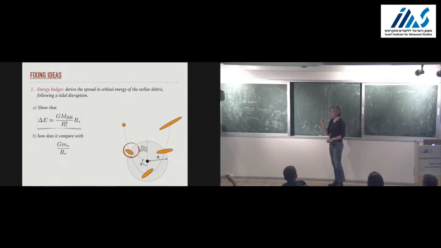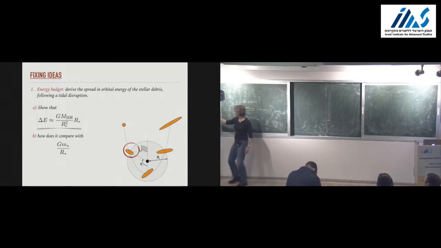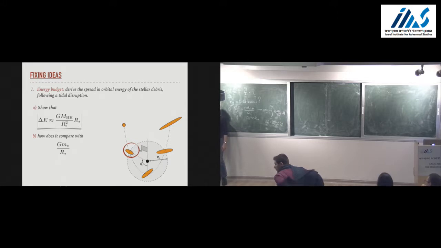What is pulling the star apart? This is the gravitational force at the center of mass of the star, but there is also its own self-gravity. I like to think in terms of self-gravity, I'll come back to that. But across the star there is a gradient, right?